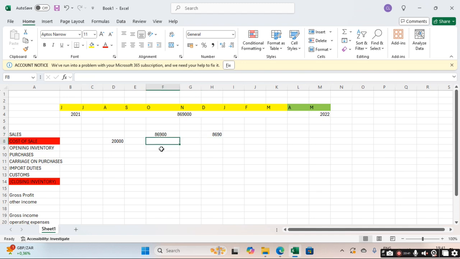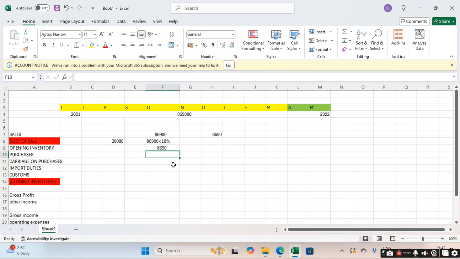So if I was to do the calculations here, it was supposed to be 86900 multiplied by 10%, and then which will give us the 8690.